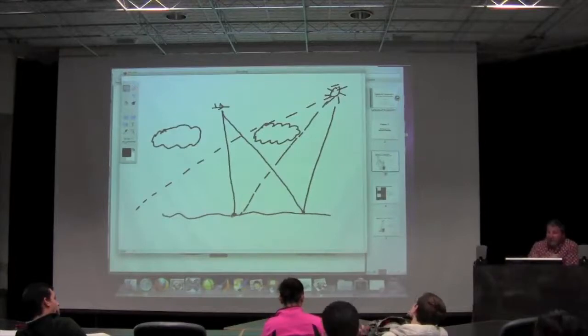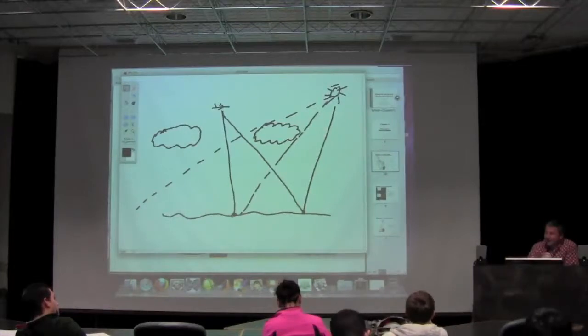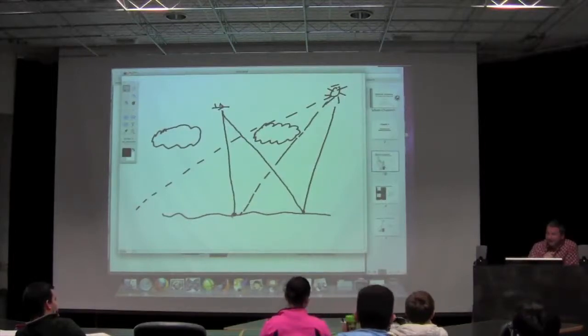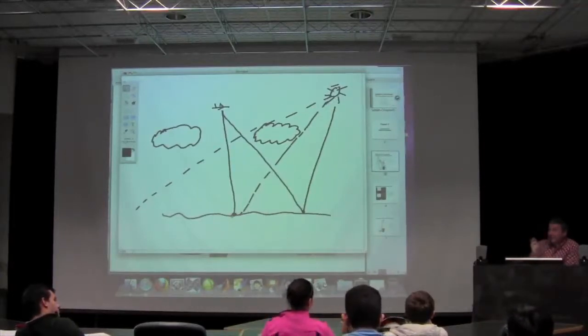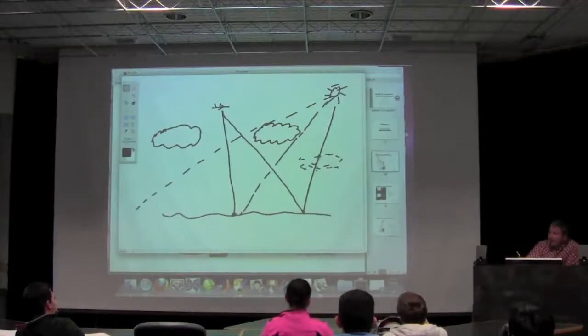What's going to be the difference between those two? Or maybe you've seen this. Have you ever looked outside and said, hey, I'm looking in the cloud shadow, I'm looking in the sunlit area? You ever notice the difference? Where are there going to be more scattered photons coming from? Well, in the sunshine, because you have your atmosphere here scattering light.